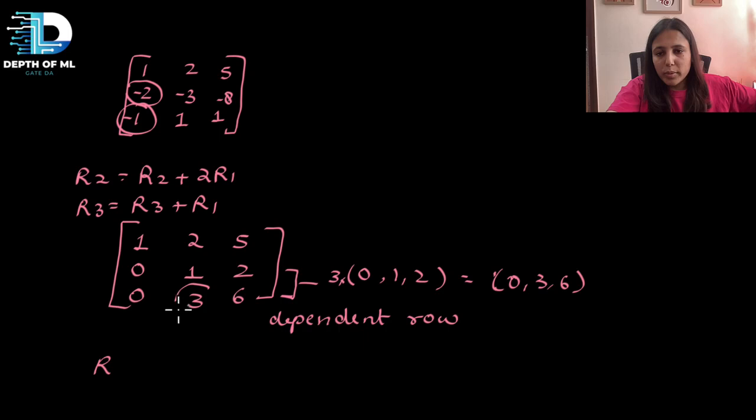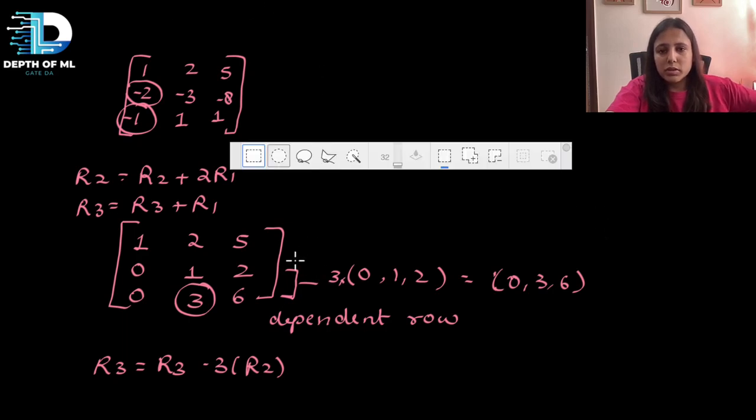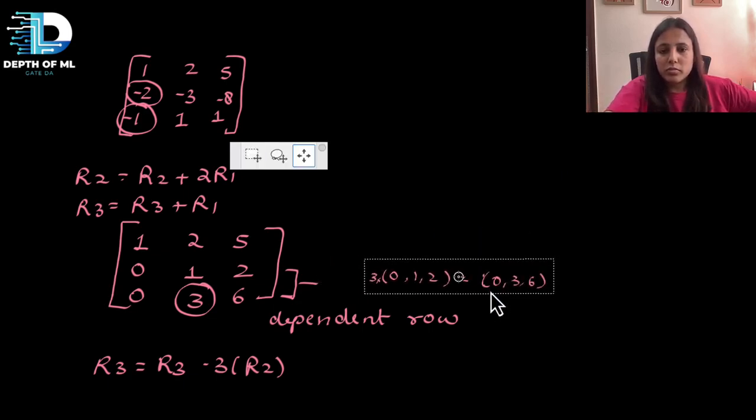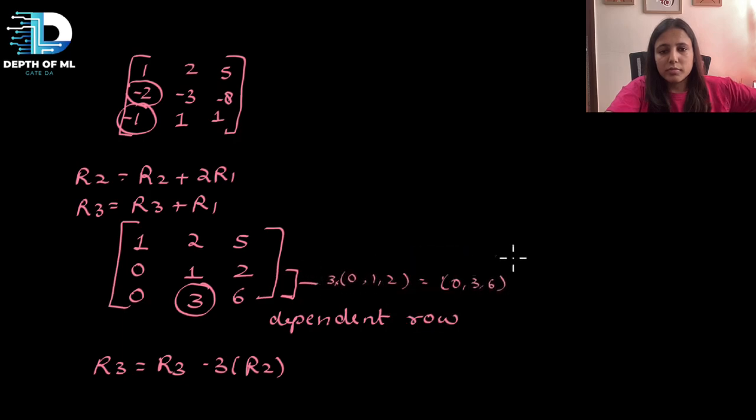For the sake of completion, let me do that. I want to create 0 over here. So what I'll do is R3 equals R3 minus 3 times R2. So that basically will give me this matrix. So I'll write the solution here. Let me remove this. So what I'll get is 1, 2, 5, 0, 1, 2, and 0, 0, 0, right?